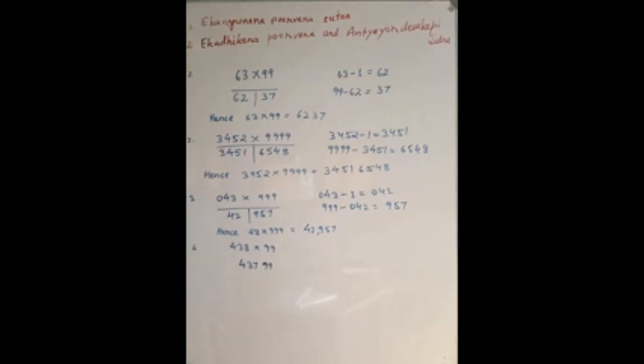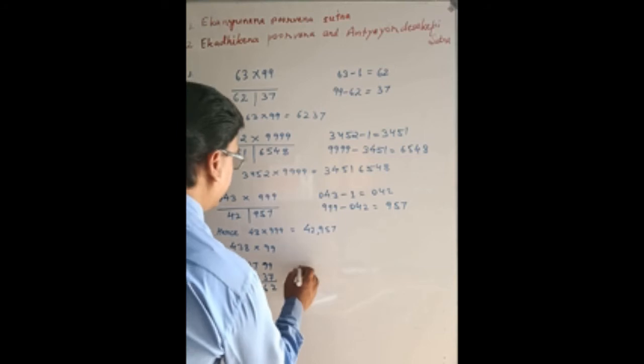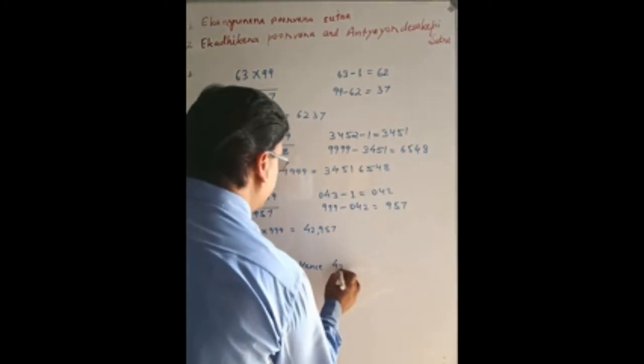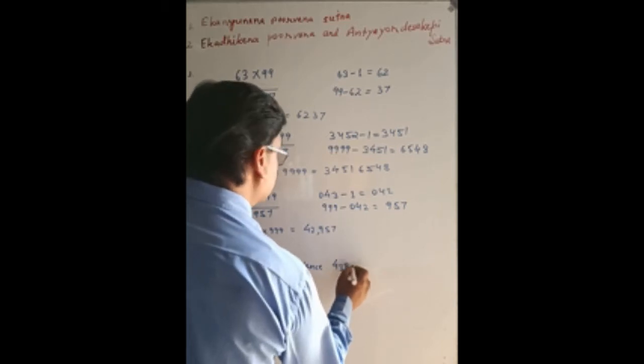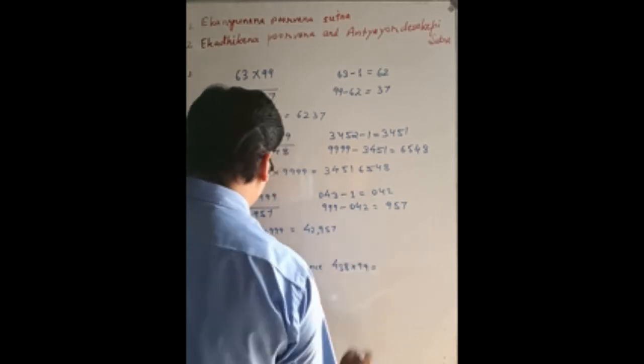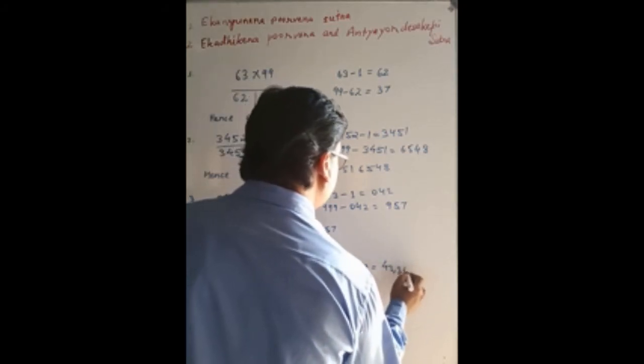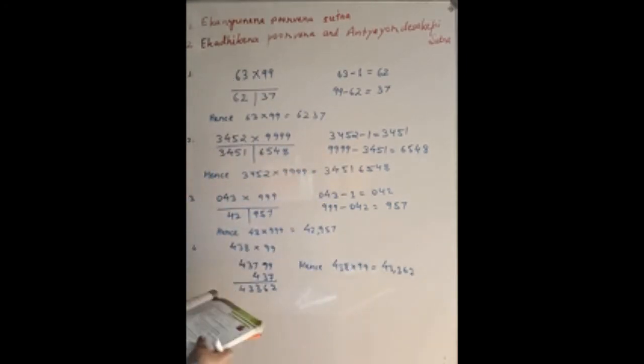Now we subtract this 437. Hence the answer is 438 multiplied by 99 is 43,362.